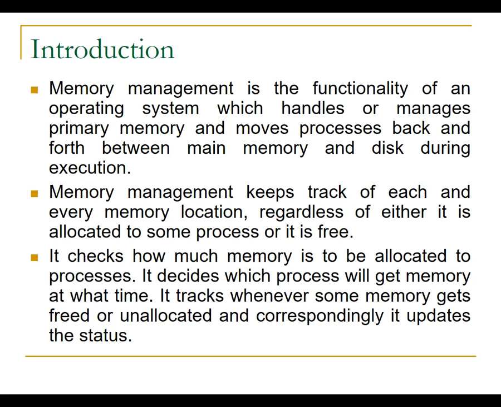In unit number 3, called memory management, the entire chapter gives an idea about how the memory is allocated to each and every process which has been initiated by the central processing unit. One thing is very clear: in a computer system, every execution requires a primary storage space.